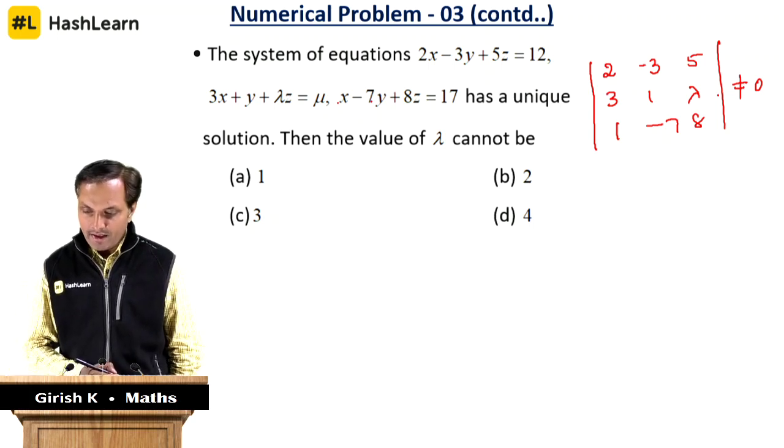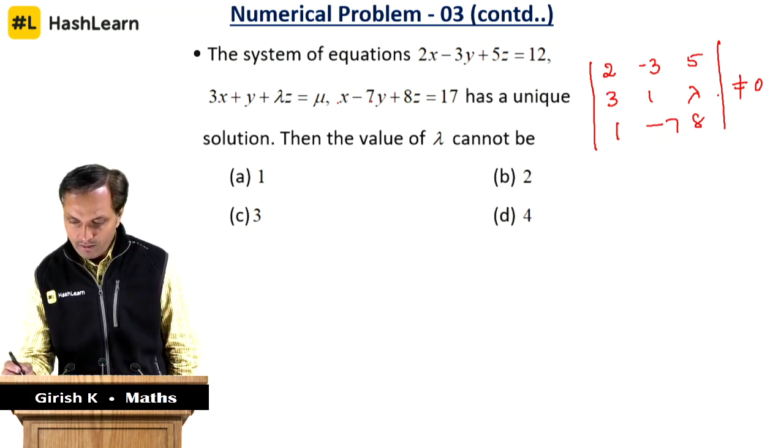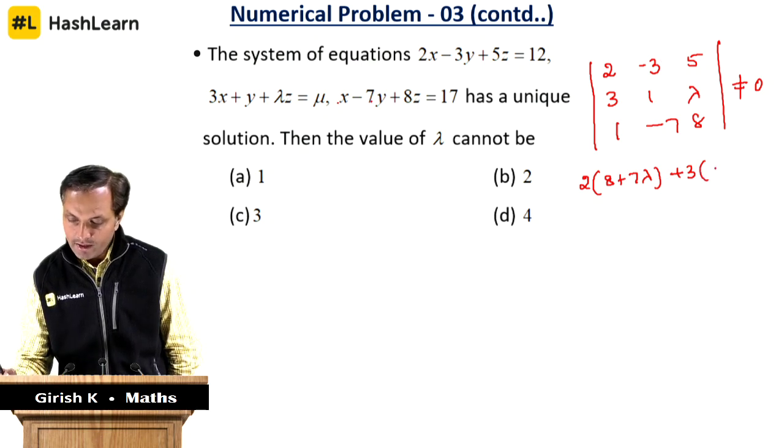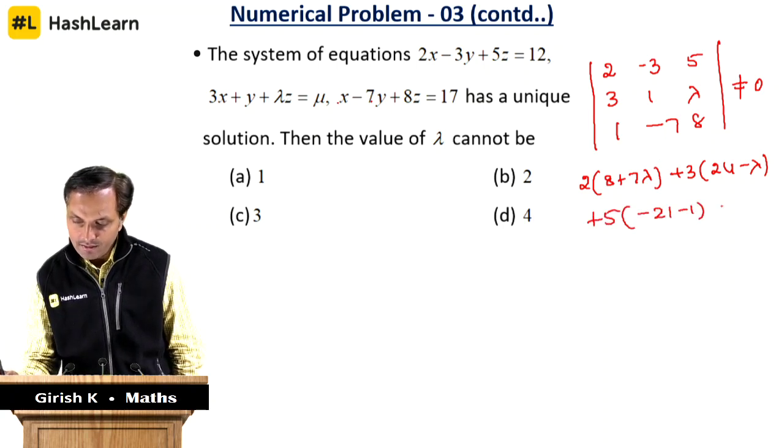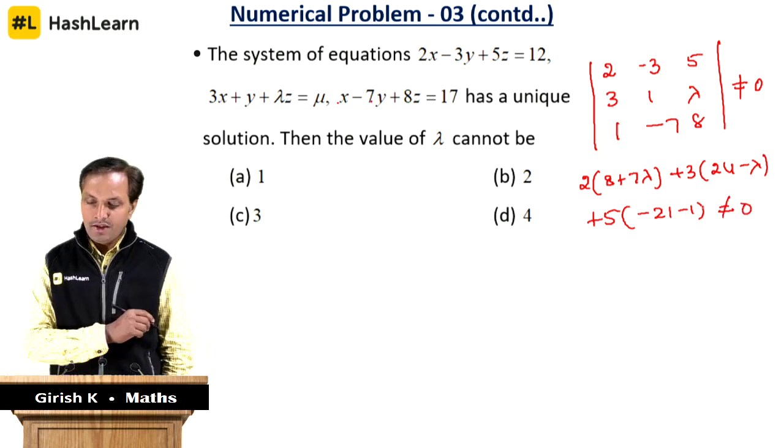So if you simplify, what you will get? 2 into 8 plus 7 lambda plus 3 into 24 minus lambda plus 5 into minus 21 minus 1 should not be equal to 0.